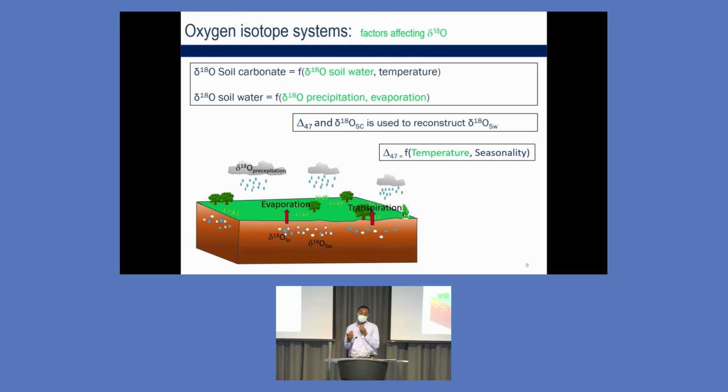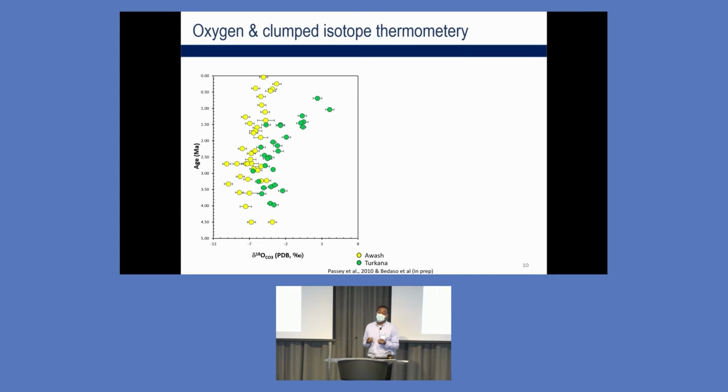If we need to understand the climate, we need to constrain that information. Just by looking at the delta 18O, we will not be able to determine that because it is affected by the evaporation, also the transpiration of the plants. That's when the idea or the method of delta 17O comes in.